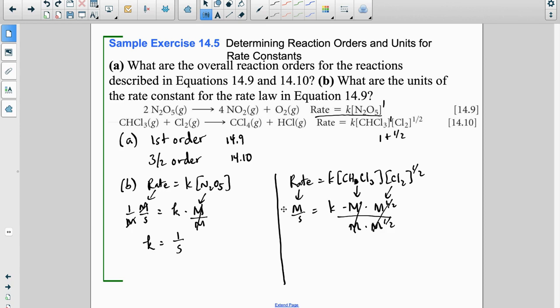Molarity to the 1/2 cancels out, these cancel out. So k now has a unit of 1/molarity to the 1/2 times seconds. There are our units for k for equation 14.10. Oh, actually, they just asked for 14.9, but that's okay.